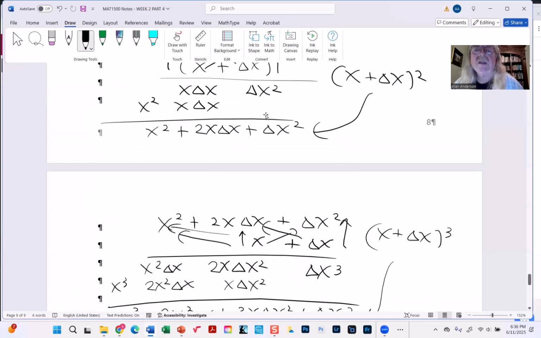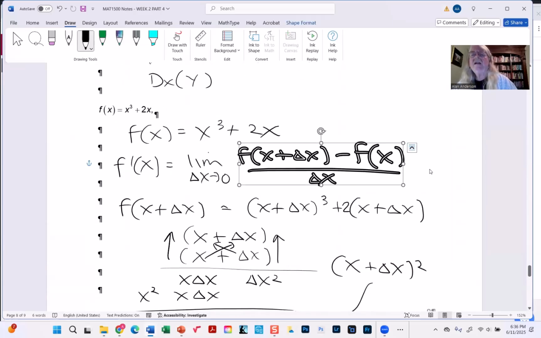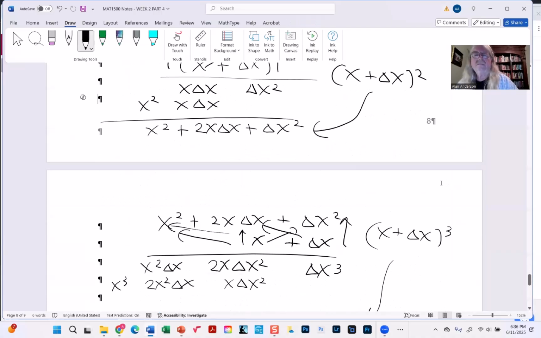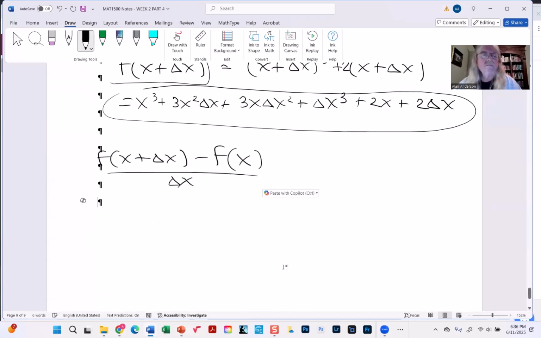So if you look at this formula again, what we have to do now is subtract f of x for our numerator. So look at this. Yeah, it would be helpful if we could combine some of these terms, but it doesn't look like it.